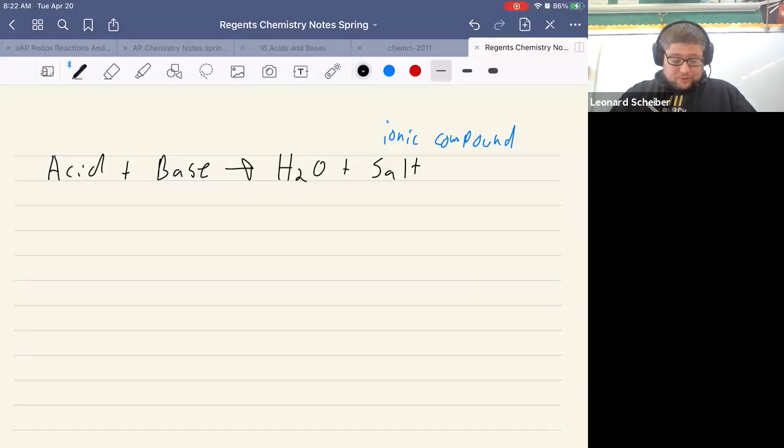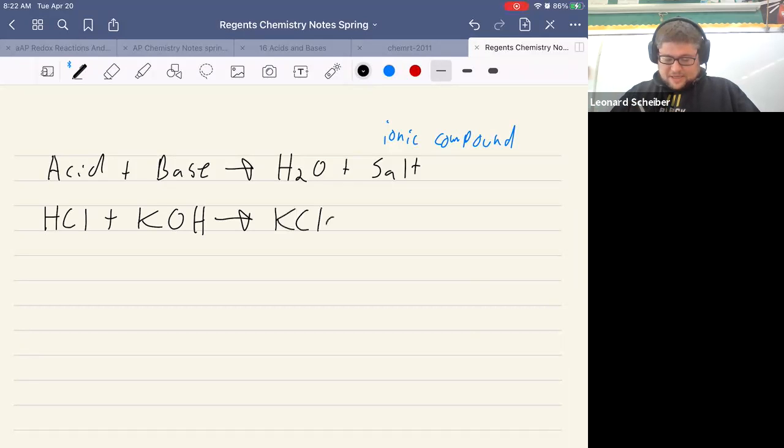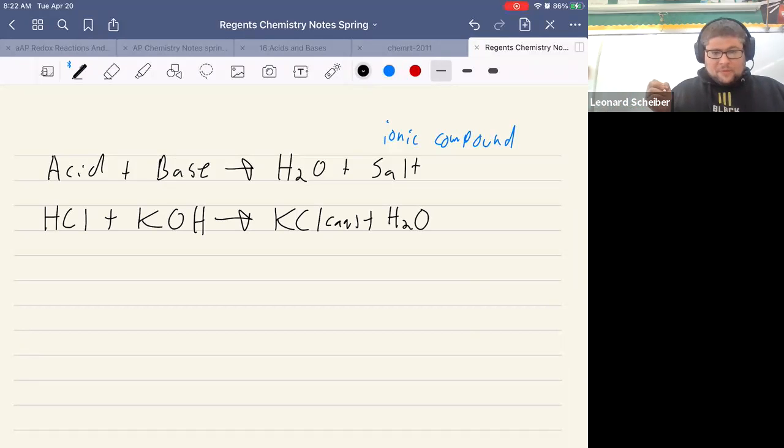So for example, if we have HCl acid plus KOH base, we're going to get KCl plus H2O, right? So we call this a neutralization reaction.